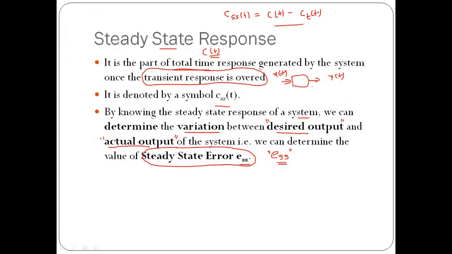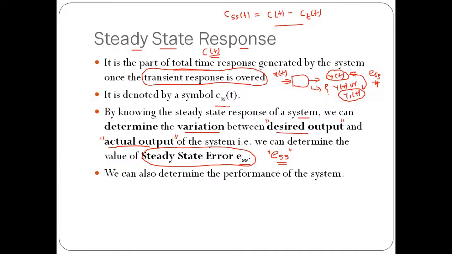But how exactly the system is going to generate the output, whether it is going to generate the output like y of t, or like y1 of t or y2 of t, that we need to find out through steady state response. And once we have knowledge about the actual output, we can take the difference between the desired output and the actual output, and this difference is known as steady state error. That is important. Hence, we need to do steady state response analysis of a system.